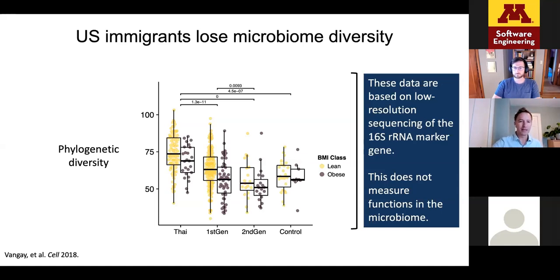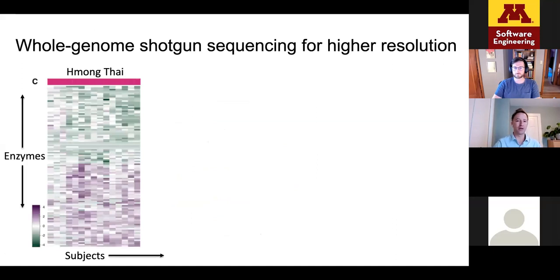We can do a much higher resolution assay. And in fact, in this study, we had funding for it and we did that. So we did whole genome shotgun sequencing on a subset of about 10% of the subjects. And this costs like 5 to 10 times more than the low resolution approach.